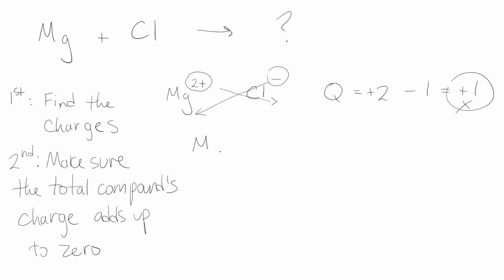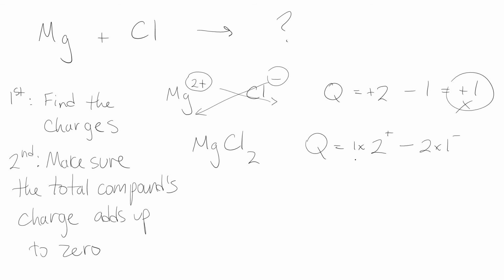And so if we do this, we get magnesium chloride, MgCl2. If we look at the charges there, well, we have one magnesium, so we have one 2 plus charge. Okay. And we're going to subtract two 1 minus charges.